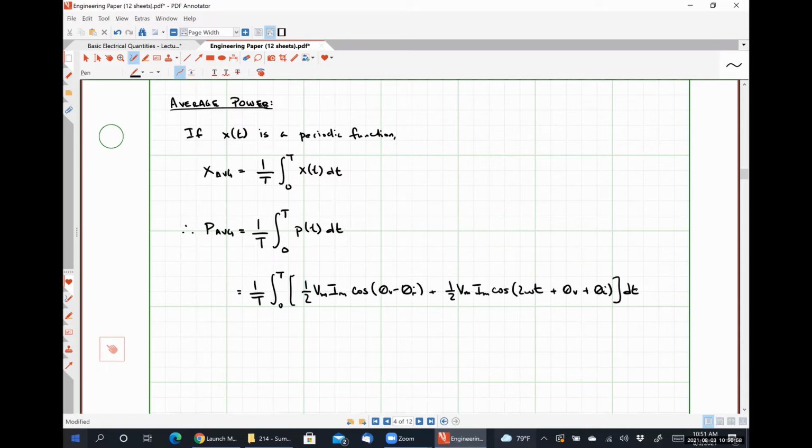So I have two distinct portions of my instantaneous power, and so I'm going to split this integral up.